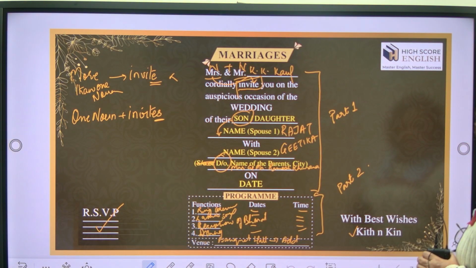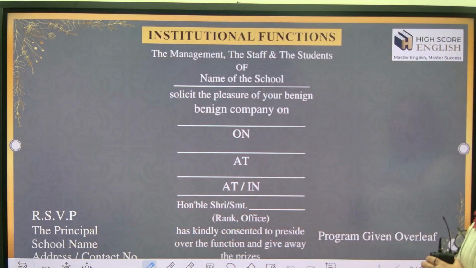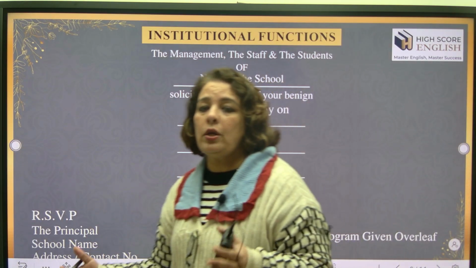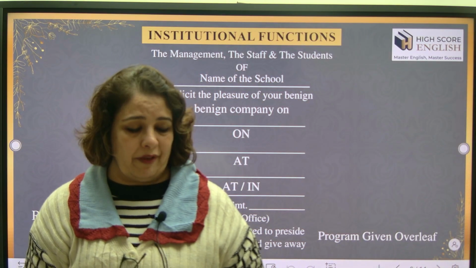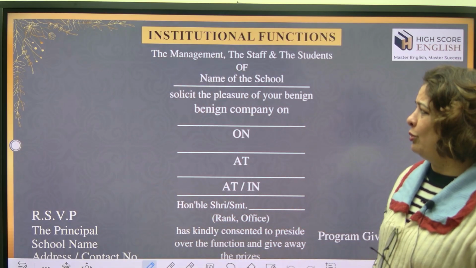What is meant by institutional functions? Institutional functions means when schools, colleges, organizations are having some function or the other. Basically, in the exams, it is about the schools only that comes.